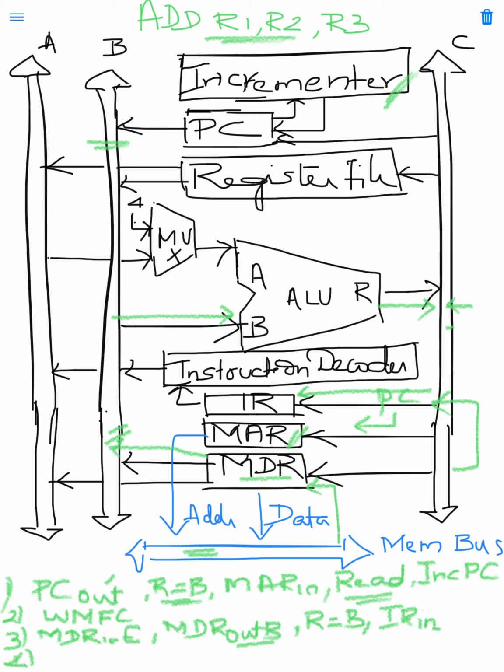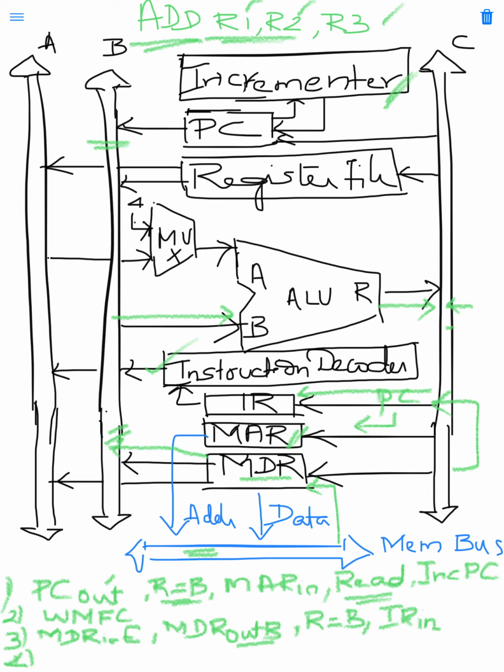Then the last step. Now the executable instruction is available in the instruction register. The instruction decoder decodes the instruction and identifies that an add operation is performed, with two operands, and the result will be placed in the R3 register.